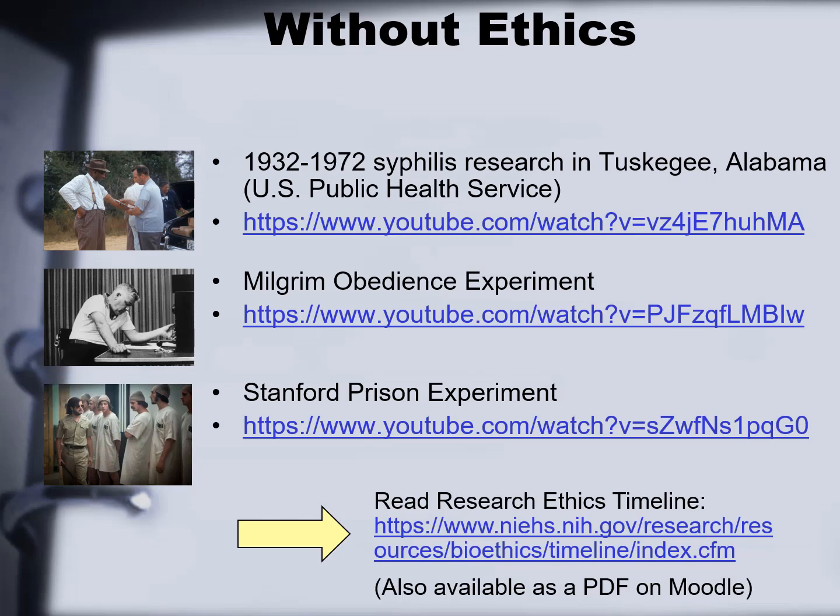That's available online at that link. I've also made it available as a PDF on Moodle if you're more comfortable reading it that way. Go ahead and take a look at this information to really see what can happen when we don't have ethical guidelines. Oh, and also, by the way, I put all of these links on Moodle as well.